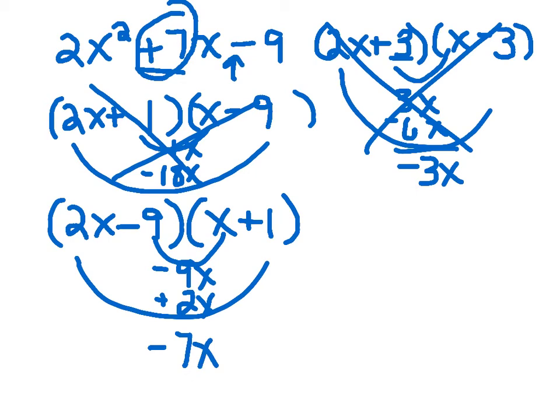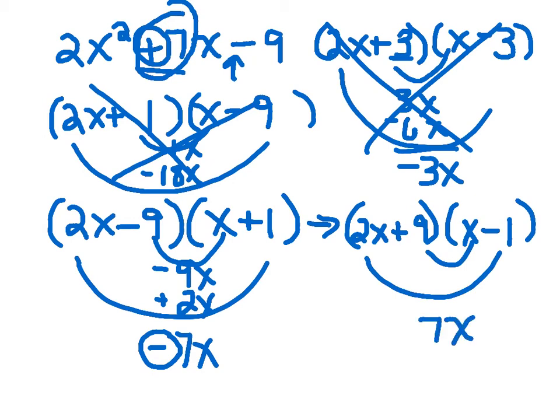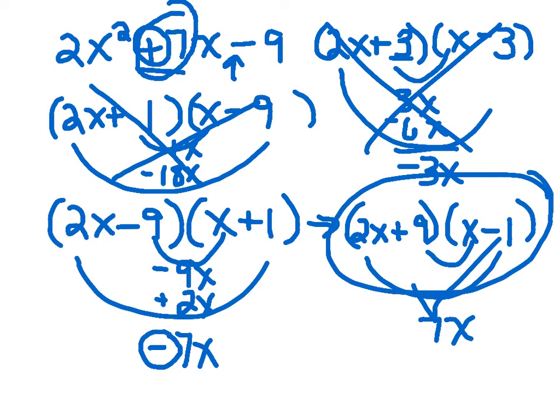If I get everything right except the sign, what that means is all I have to do is do the same solution, same factors, only switch the signs. So I'm going to make that plus 9 and minus 1. This is positive 9x, negative 2x equals 7x. This is the check. This is the solution.